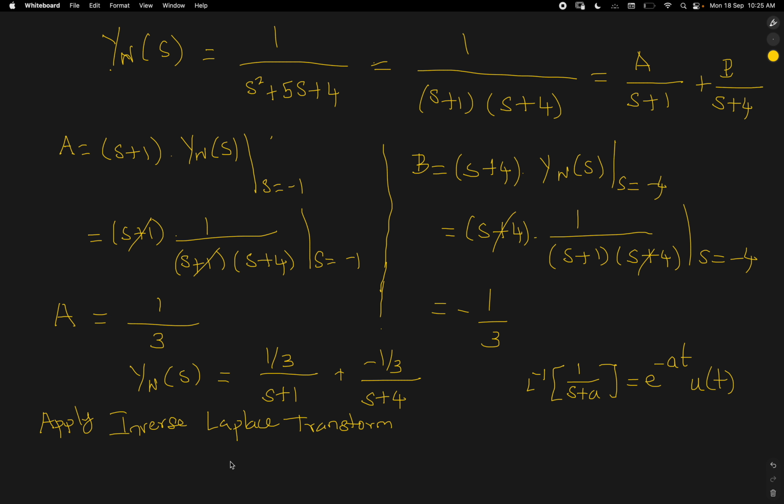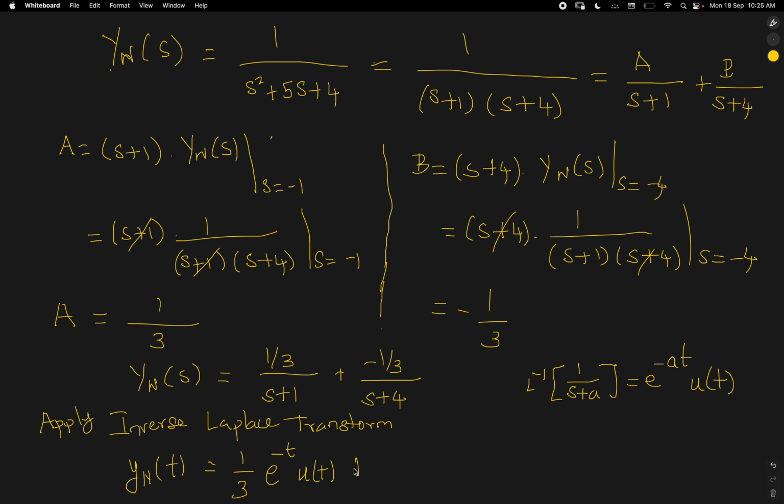So in this case we will get Yn of t, since the inverse Laplace transform of Yn of s is Yn of t, that is equal to 1 by 3. If you compare this term with the formula, instead of a we are having 1, so this can be written as e power minus t u of t.